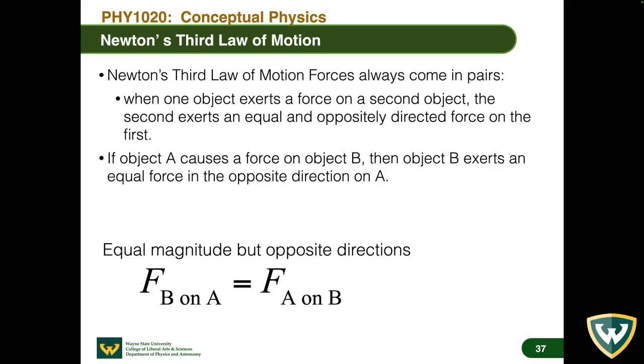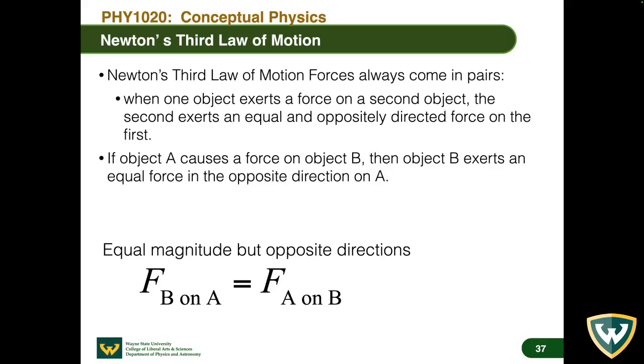So if an object A causes a force on an object B, then the object B exerts an equal force in the opposite direction on A. Why is that, you might ask? It is the result of inertia.